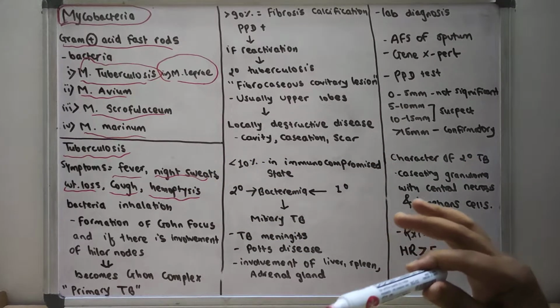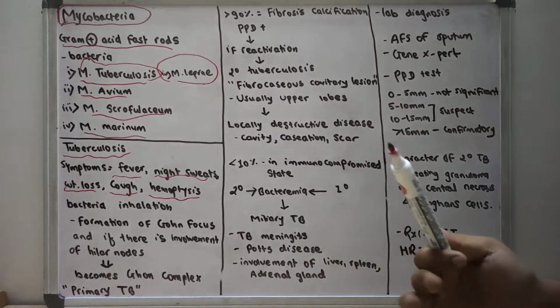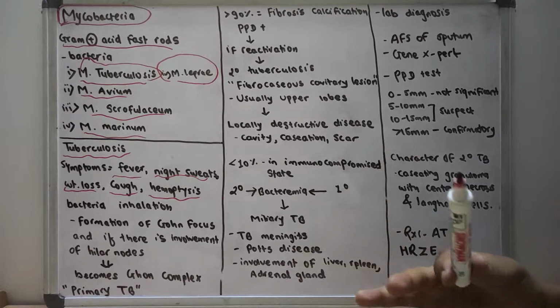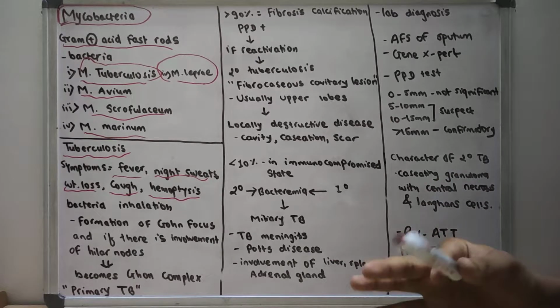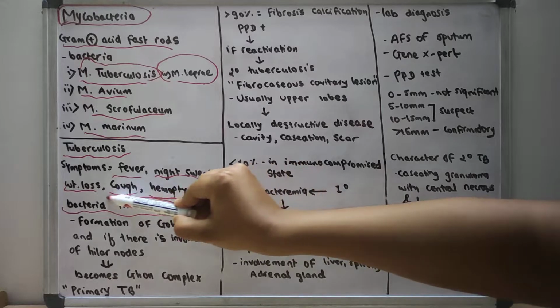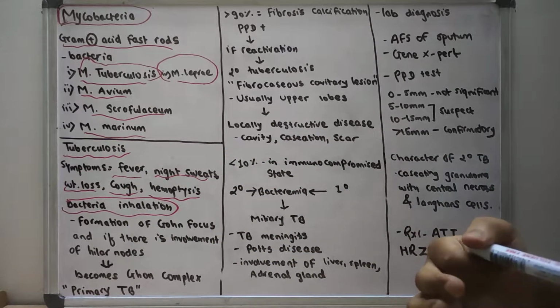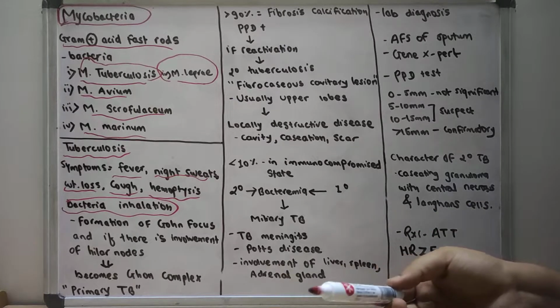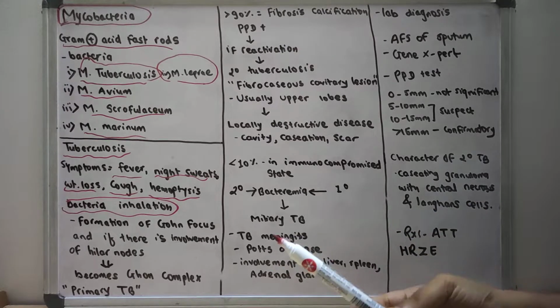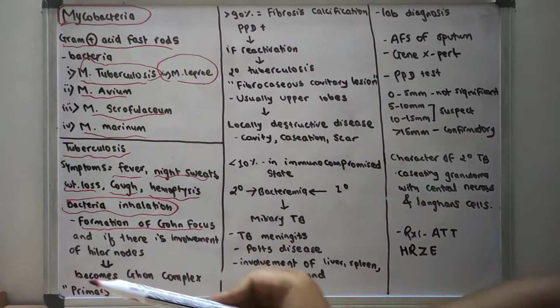So now let us talk about the pathophysiology of tuberculosis, how tuberculosis occurs and how it progresses throughout the time. After inhalation of the bacteria from the infected person, there is bacterial dissemination, and after we inhale the bacteria, there is the formation of the Ghon focus.